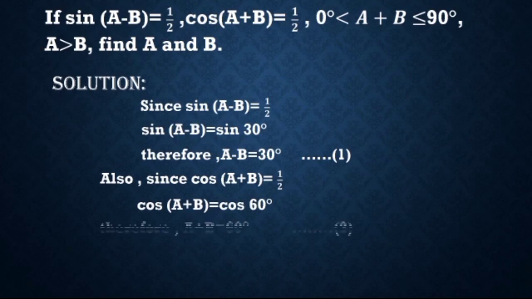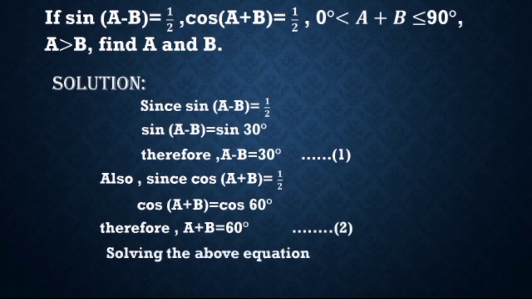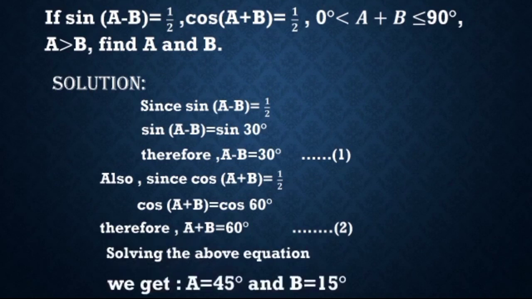Therefore, a plus b is equal to 60 degrees. This is equation 2. We get a equal to 45 degrees and b equal to 15 degrees.